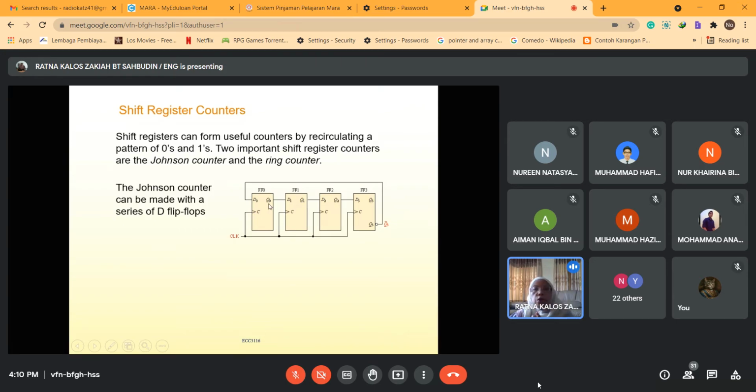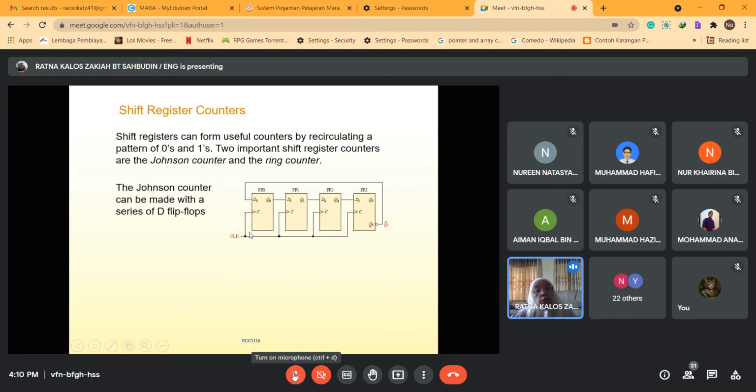And then Q0 is connected to D1, Q1 is connected to D2, Q2 is connected to D3. And all the flip-flops are connected to one clock here.